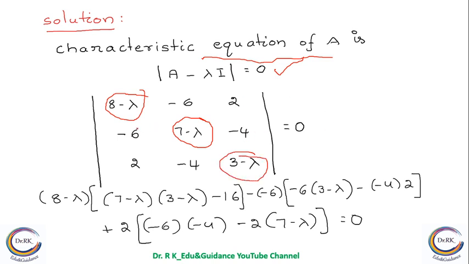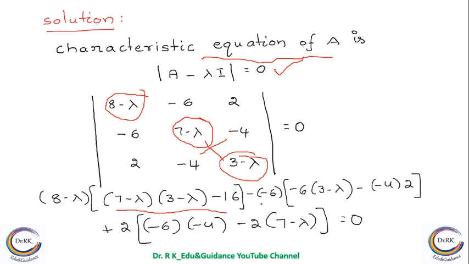So now we have to expand this determinant. We have seen this several times and we know how to expand. So we are expanding along the first row. So (8 minus lambda) into [(7 minus lambda) into (3 minus lambda) minus of (minus 4 into minus 4), that is minus 16].